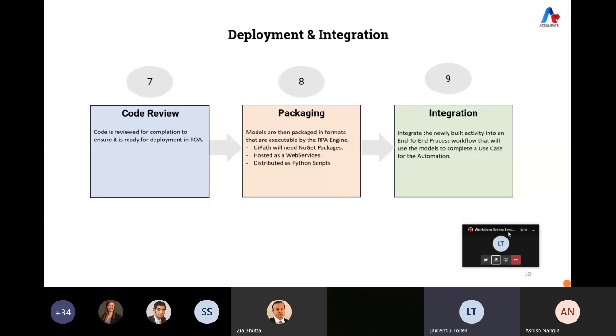If it's a self-hosted web service, REST API, then you're going to have another server or application on a suite of servers that's going to handle it. If it's standalone distributed scripts, then each bot will have its own version of the model, same version.